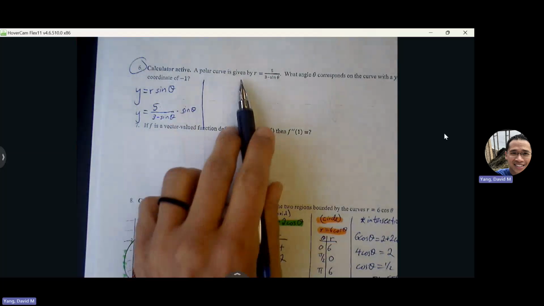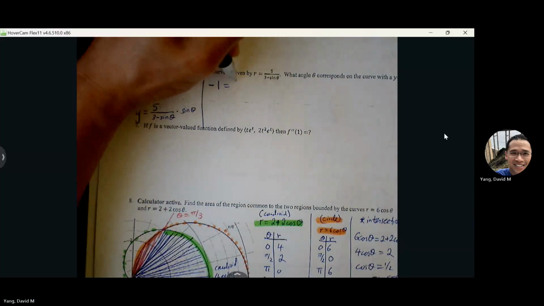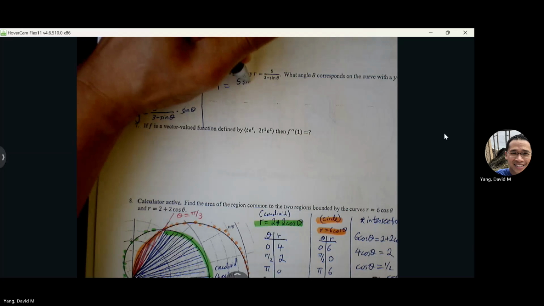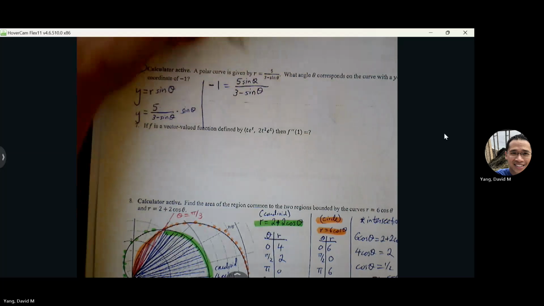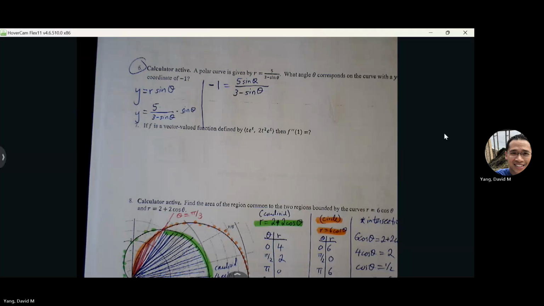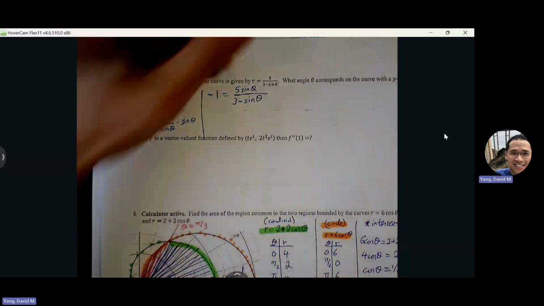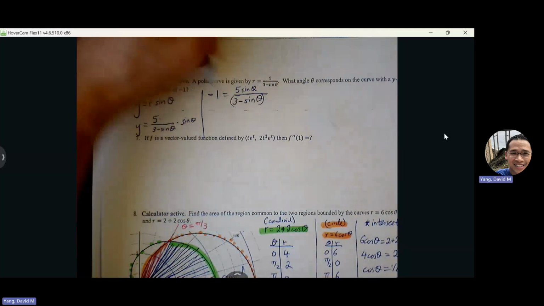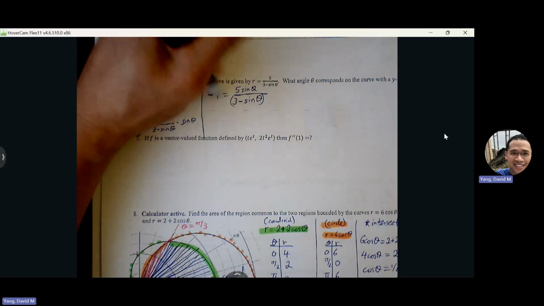Okay, replace r with what is provided, and then replace y with -1 and see if we can solve for theta. Cross multiply so I can just get the fraction out of the way.